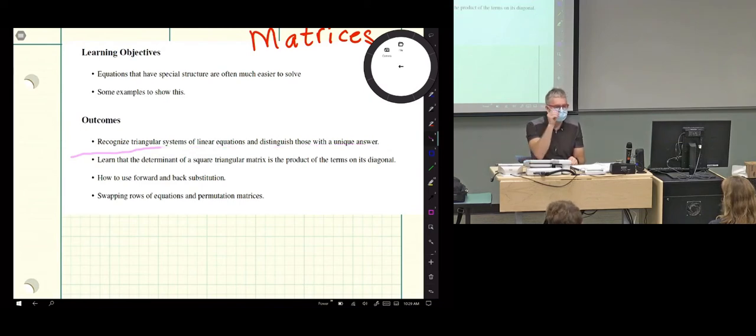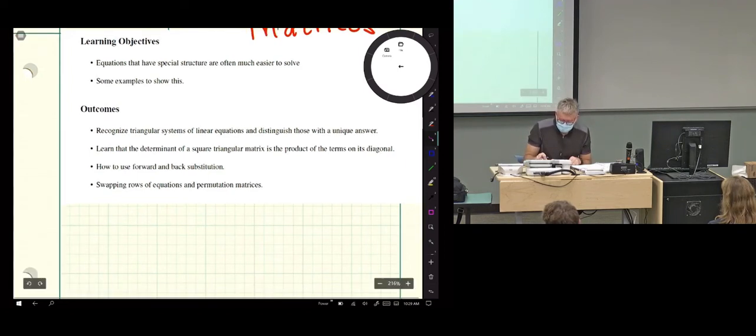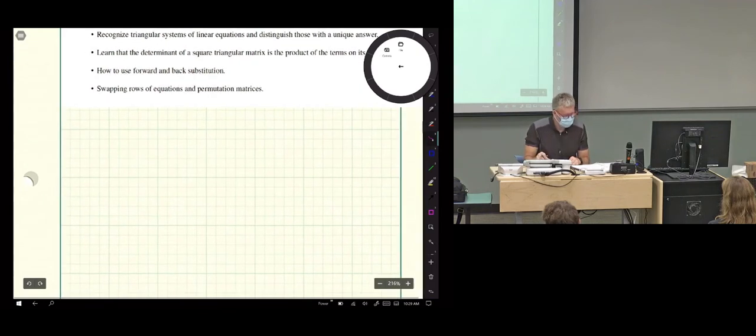That's even easier than AD minus B times C. Just go right down the diagonal and you multiply them. That's the determinant. Okay? We'll use 2 different ways of solving depending upon if the matrix is upper or lower triangular, and we'll deal with the permutation stuff a little bit later.